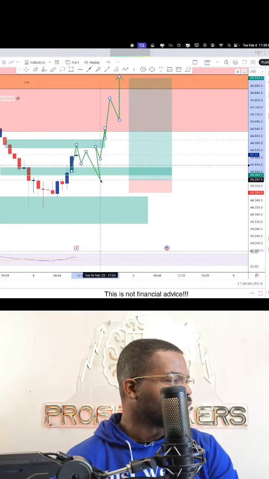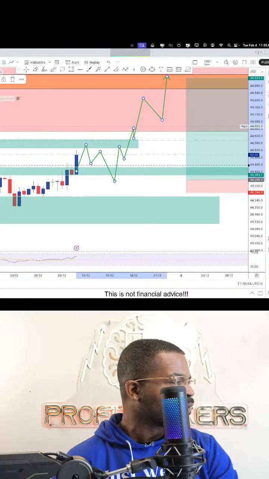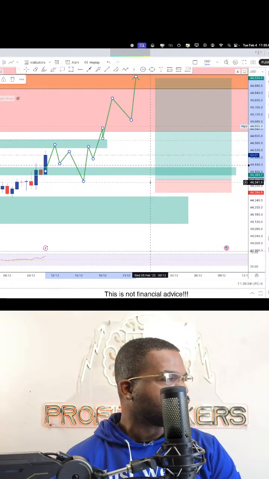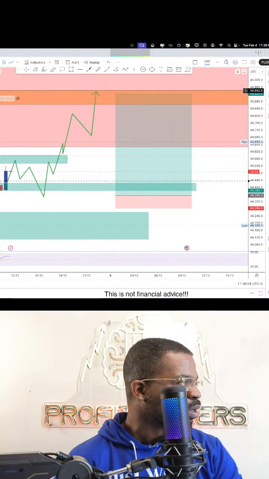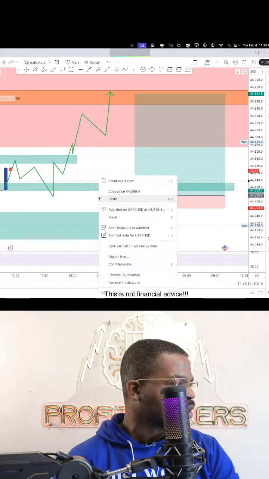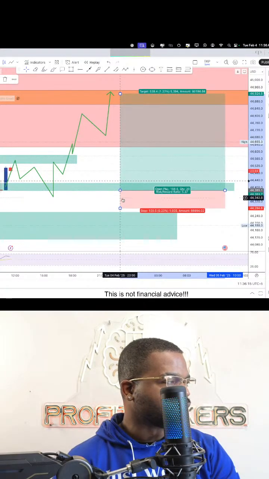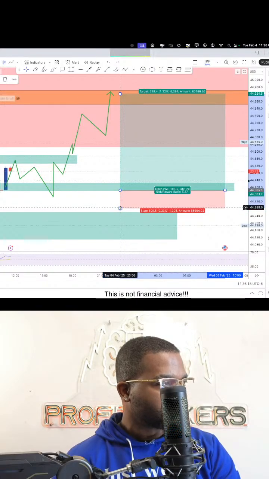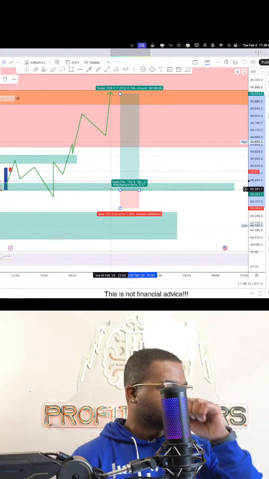We could see a slightly deeper pullback. Yeah, but I would rather give that up in the stop loss. That's still a 1-5 on US 30. That's pretty good.